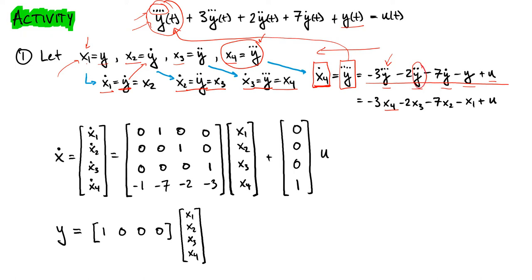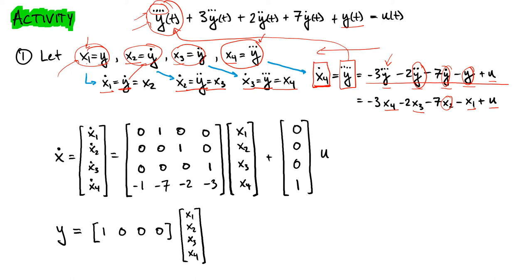Y double dot in terms of x3, so that's x3. Y dot in terms of x2, that gives me x2. And y in terms of x1, and that gives me x1. And then I keep u as my input.